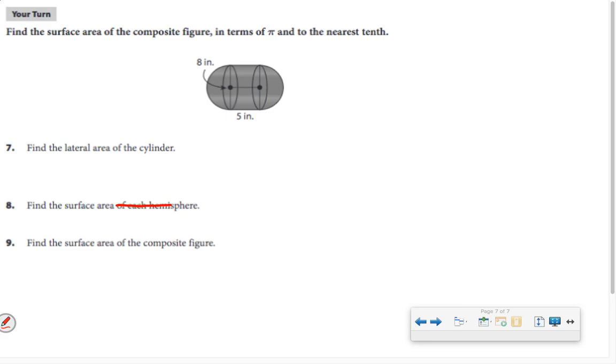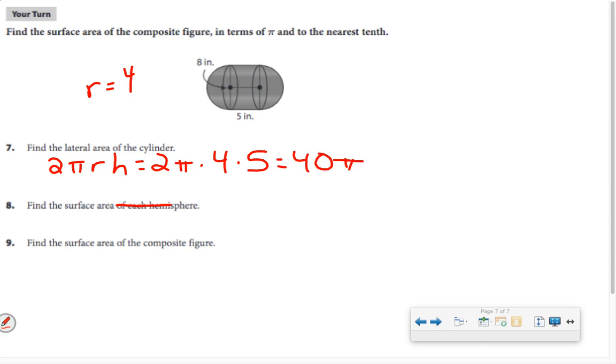The lateral area of the cylinder is 2 pi r h. Be careful, notice that they've given us 8 as the diameter, so my r is 4. So 2 pi times 4 times 5 is 40 pi.